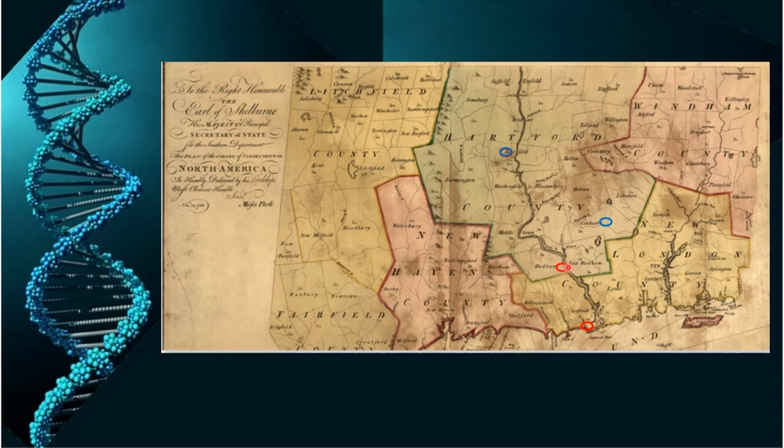When James Webb 1733 goes to Nova Scotia for a few years and then comes back, he's right here in Colchester. Colchester's not too far from East Haddam, and it looks like they traveled back and forth quite a bit.